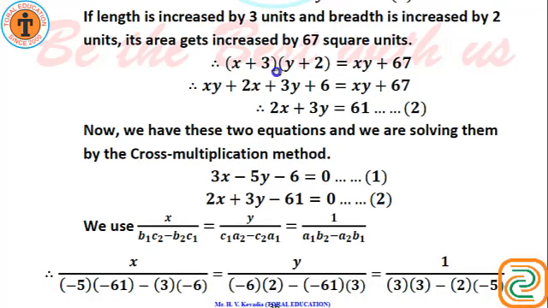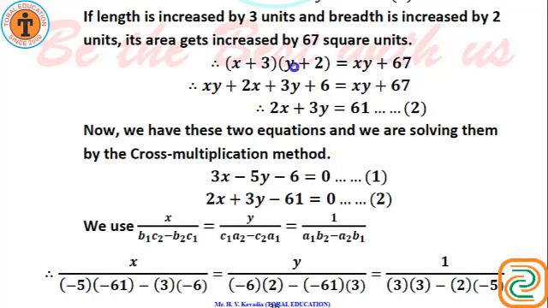So (x plus 3)(y plus 2) equals xy plus 67, because x into y is the area. If we increase the length, it will be x plus 3. If we increase the breadth, it will be y plus 2. And our area also gets increased by 67 units.